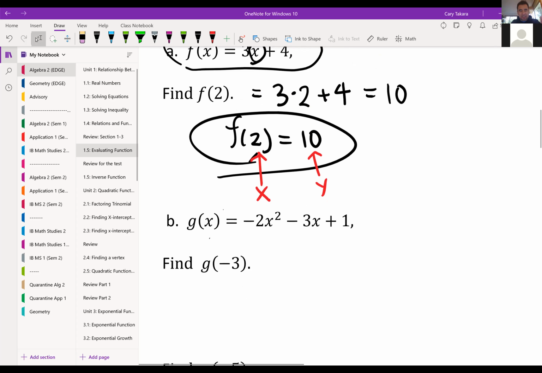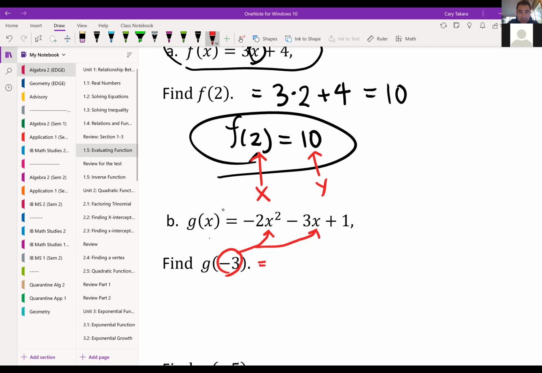Well, let's do this one together first, okay? And then the next one, you do on your own. So when you put -3 into a function machine, a vending machine, -3 will replace all the x's because -3 is the x value. Input is x value.